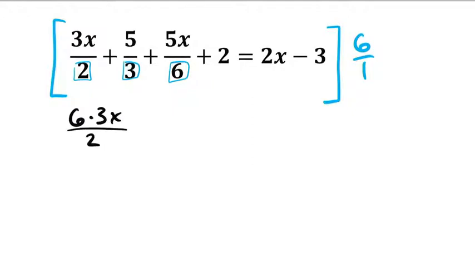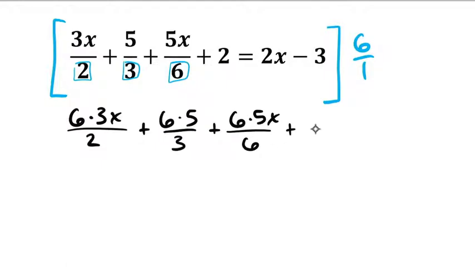I'm going to show that each one's getting a factor of 6, plus this is getting a factor of 6 over 3, plus this is getting a factor of 6, but it has a 5x over 6, plus this is getting a factor of 6, equals this is getting a factor of 6, minus this is getting a factor of 6. So every single term on both the left-hand and right-hand side got a factor of 6.